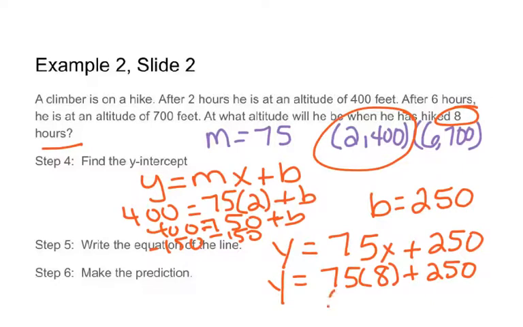That's 600 plus the 250. So he'll be at 850 feet after 8 hours of hiking at the same pace. So he's climbing the mountain and getting higher and higher up. Started out at an altitude of 250. After 8 hours, he'll be at an altitude of 850 feet.